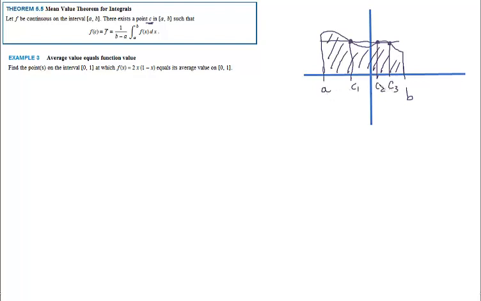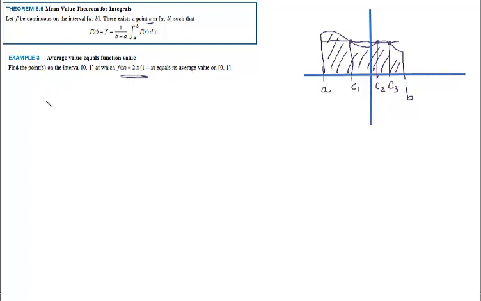So that's what that's saying. It's saying there must be some place in there where your actual function value equals that average. Okay, so we're going to use that to find the points on which this guy actually equals the average.